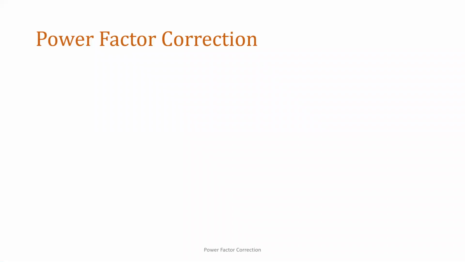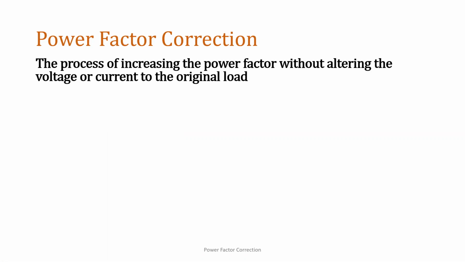Okay, so let's move to the discussion of power factor correction. Earlier, we had some definitions of power factor and how it is done. As a recap, power factor correction is the process of increasing the power factor without altering the voltage or current to the original load.